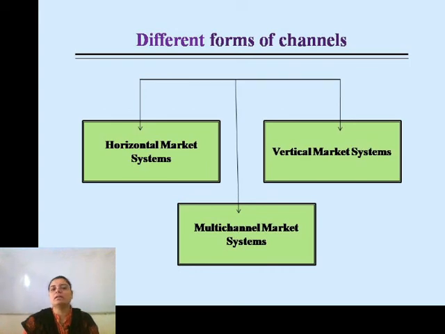So there will be an increase in market coverage. The second we have is in certain conditions it will help to improve the cost of channel. So hybrid marketing system involves lower channel cost. Next is with the help of hybrid channel system, the company can revise their distribution pattern as per the requirements of the customer. So more customized selling will be there in hybrid channel system.